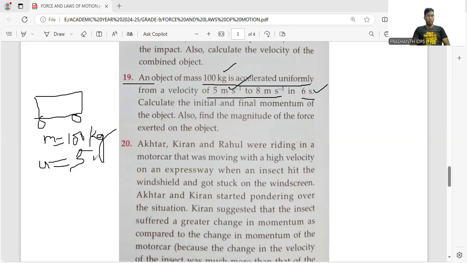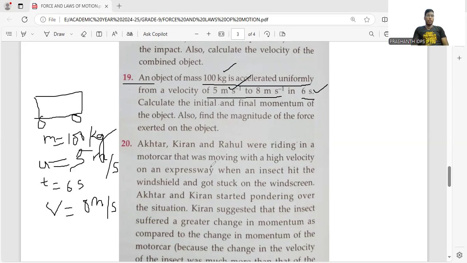Initially the velocity is 5 meter per second, and after 6 seconds, the velocity changes to the final velocity, v is equal to 8 meter per second.